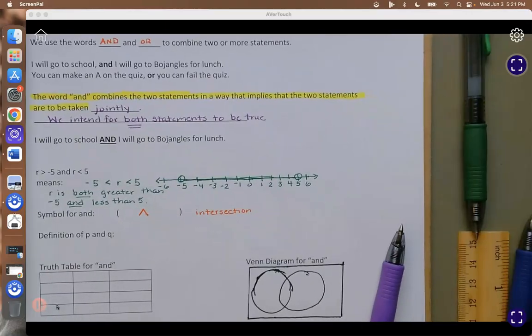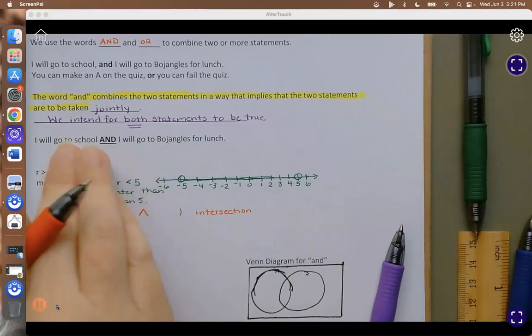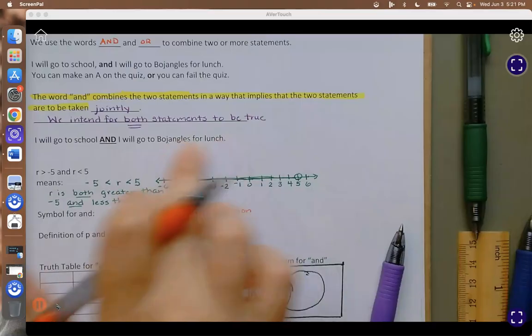Okay, so the definition of P and Q, both statements. So this would be like the P statement and this would be the Q statement.